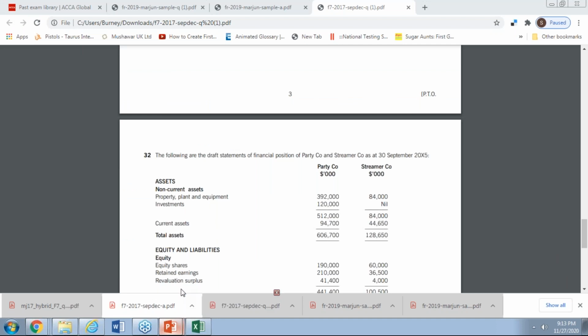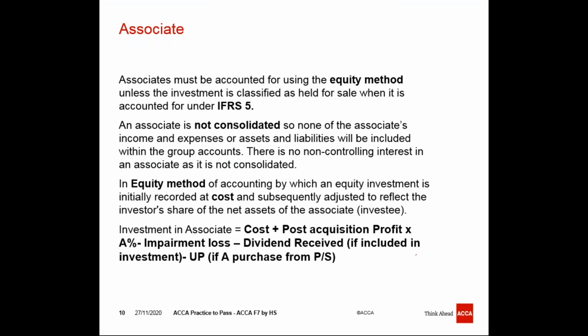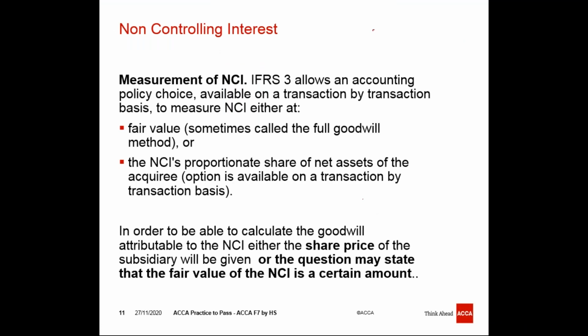So let's move on towards the next slide. Now NCI. According to IFRS 3, we can measure the NCI either on the fair value basis or on the proportionate basis. So in very rare cases, the examiner might ask you to calculate the NCI on proportionate basis.